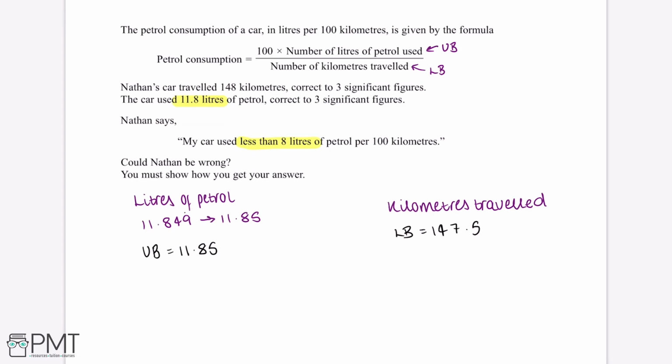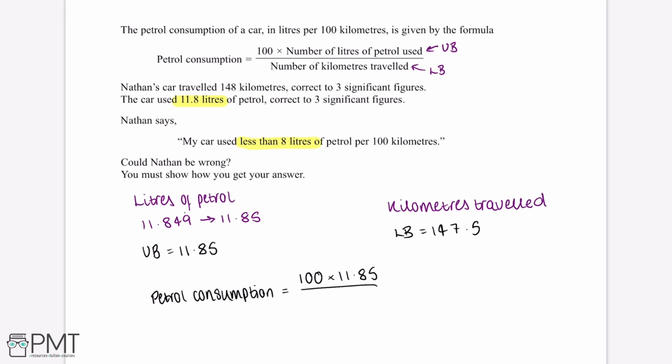So the next thing we can do is substitute in these two values to work out what the maximum possible petrol consumption could be. So our petrol consumption is equal to 100 multiplied by the number of litres of petrol used. And we worked out that the upper bound for the litres of petrol is 11.85, and then divided by the number of kilometres travelled.